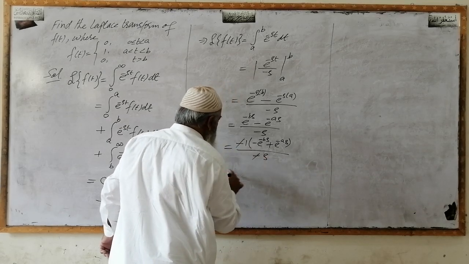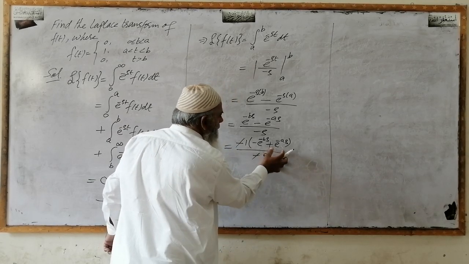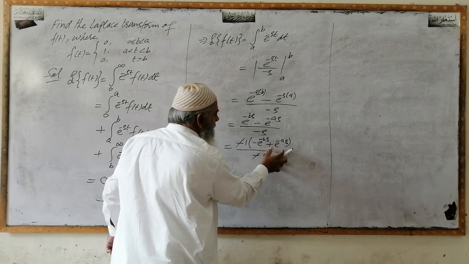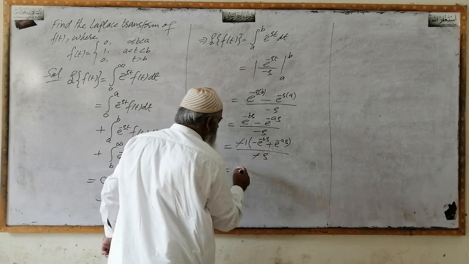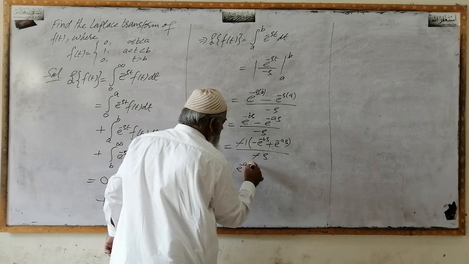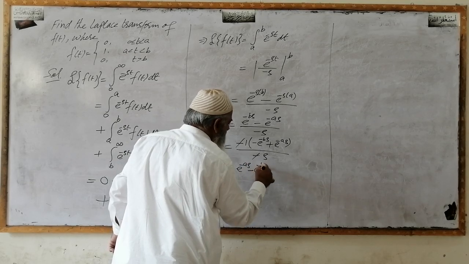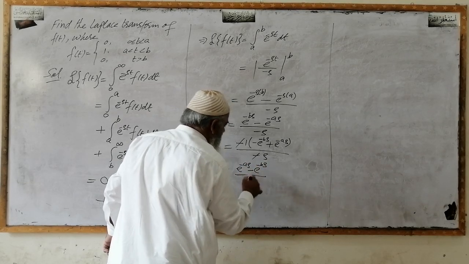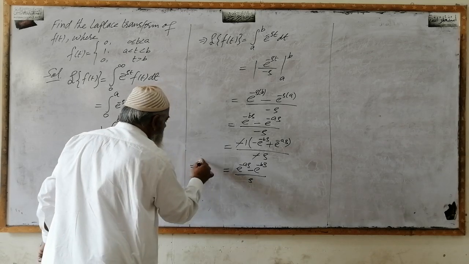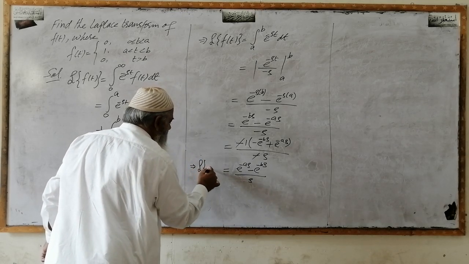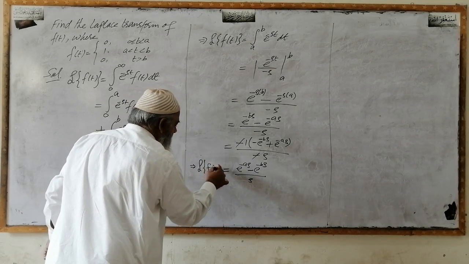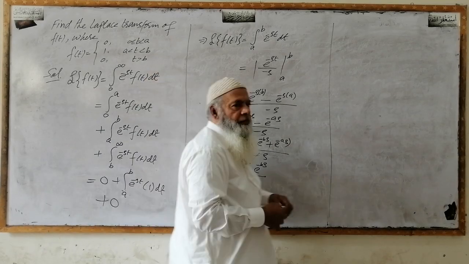In this way this negative sign will be cancelled, and we can rearrange the terms, writing the positive term first, e raised power minus as minus e raised power minus bs over s, and this is our required Laplace transform of the given function, which was split into three parts.